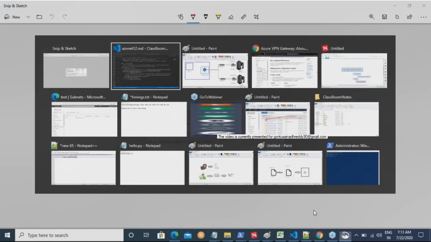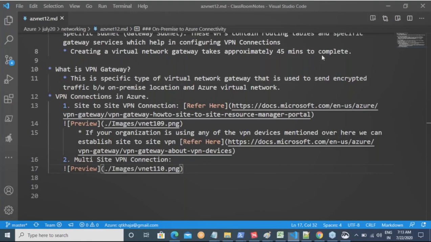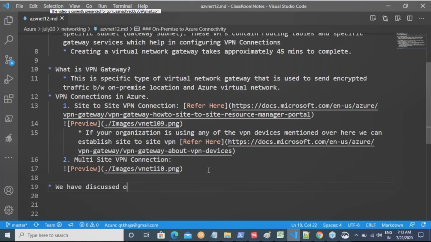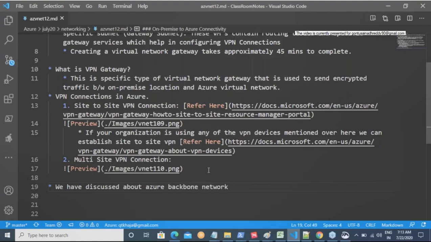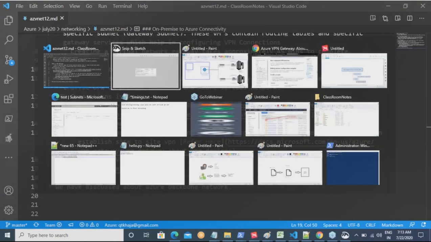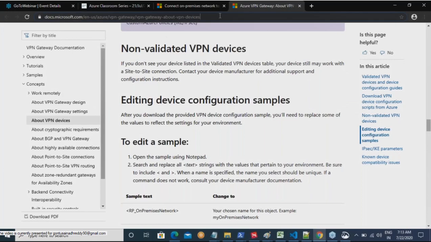But if you remember, we have discussed Azure Global Network, or Azure Backbone Network. So let me go to that.